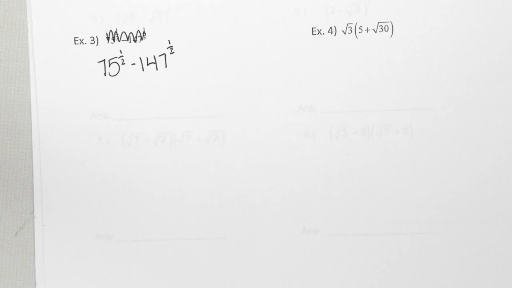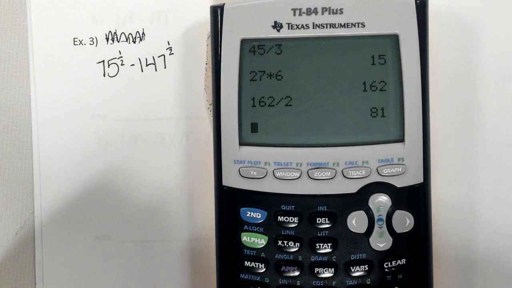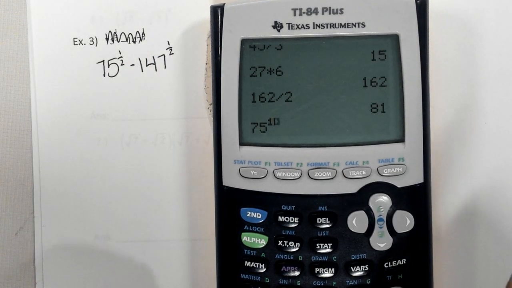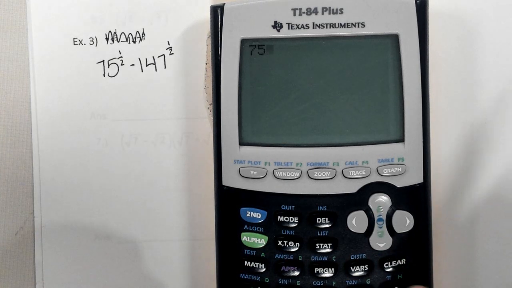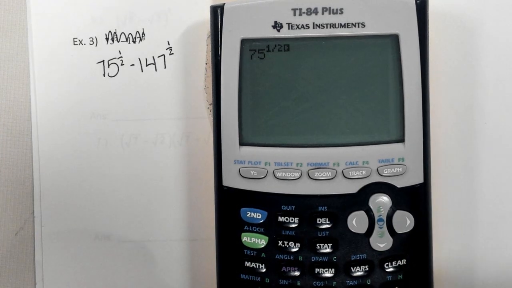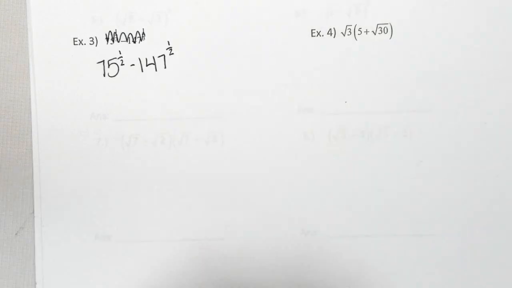So, do they simplify? Well, if you were to type this in your calculator, because there's no letters, 75 to the 1/2 power gives me a decimal, so that's not pretty, meaning I'm going to have to break this apart. So I need to rewrite it in radical form.